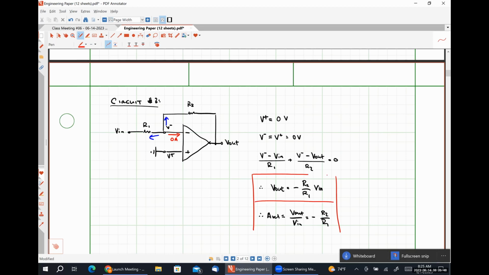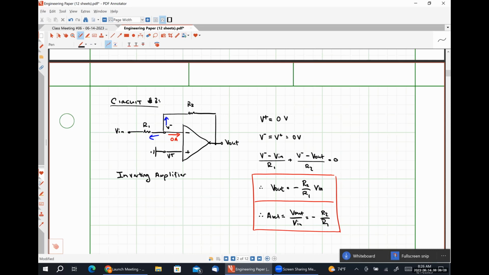So this circuit is what's called an inverting amplifier circuit. And it is probably the most commonly used negative feedback op-amp circuit. It's used for a wide variety of applications, largely due to its versatility. What I mean by that is this circuit is capable of giving us a voltage gain with a magnitude greater than 1.